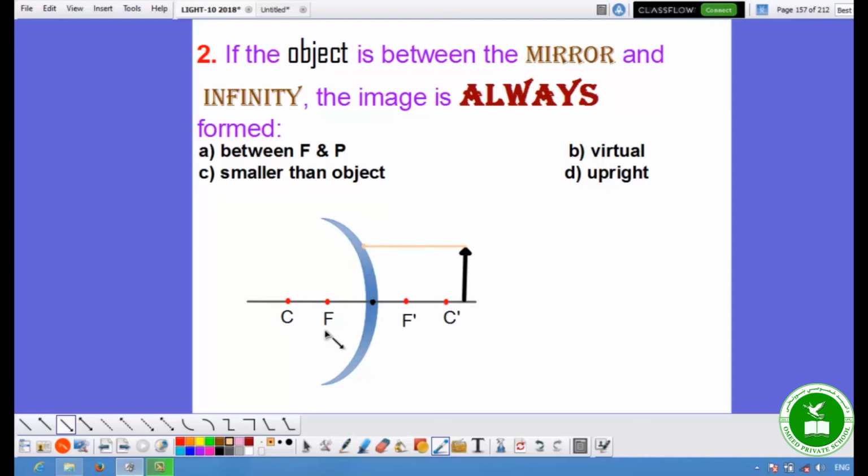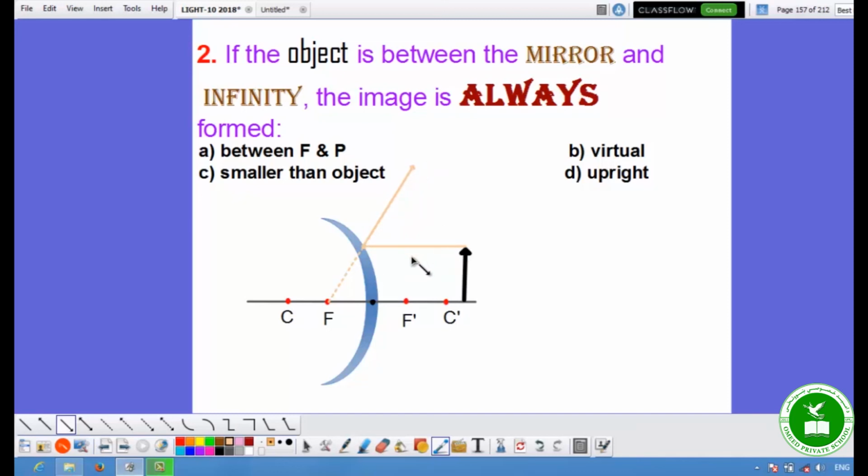You know how it will be reflected. It will be reflected in such a way that you think it's coming from the focus like this. Now this is the reflected ray of this incident ray.